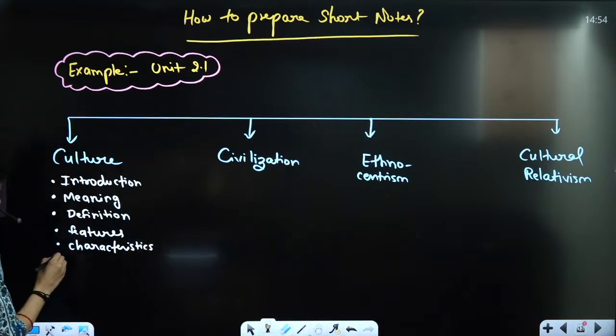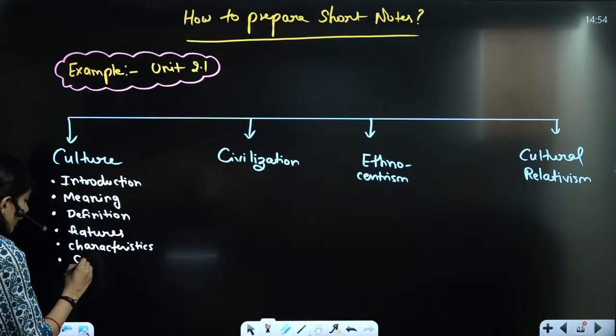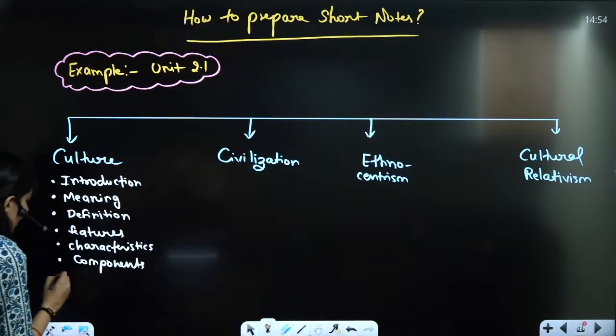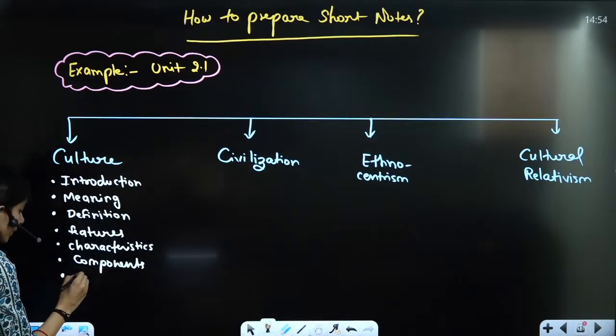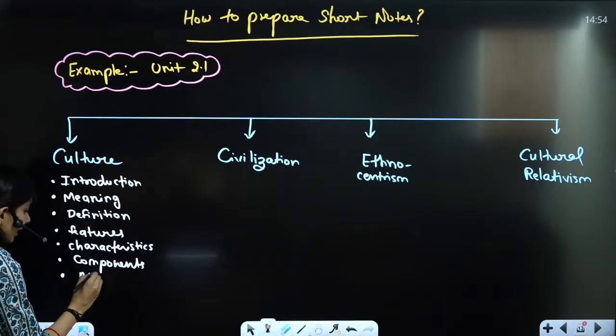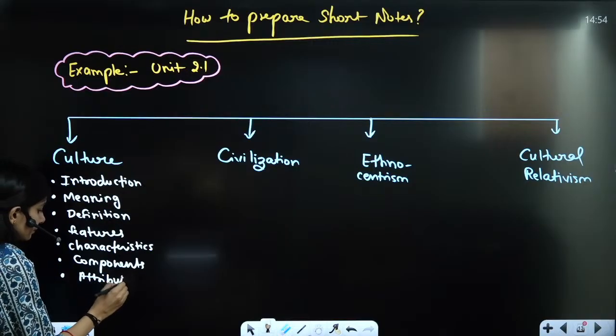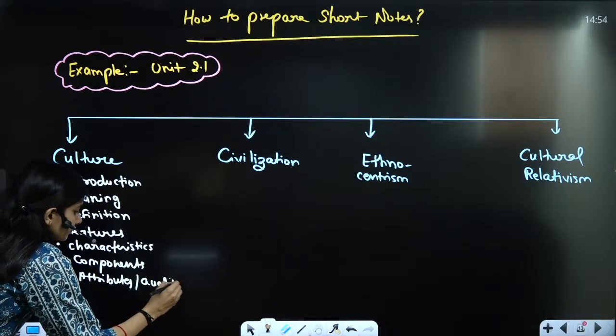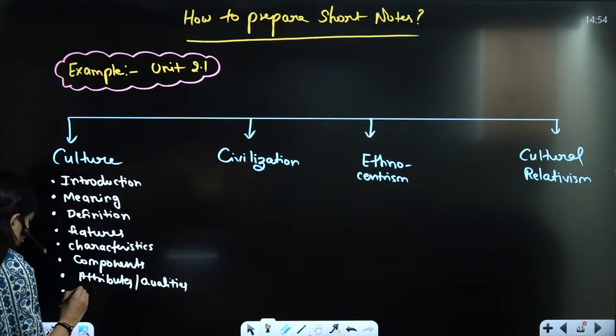After that, I have to mention some components of culture. Then, some attributes or qualities of culture. Then, development of culture.